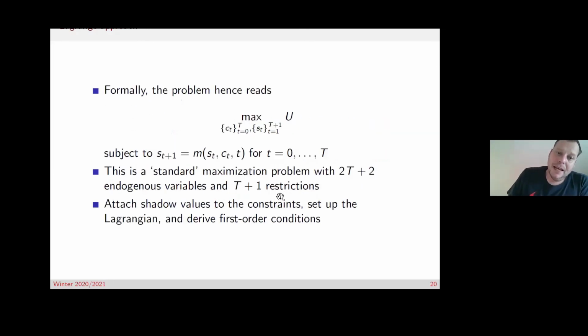But since I do not have just this restriction for one period, but for every period, what I want to do is pick the optimal controls for every time and the optimal states for every time in the future, such that the reward function is maximized.